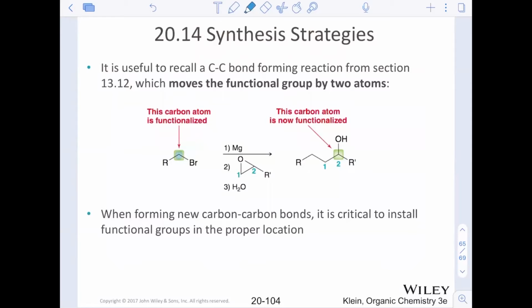Essentially, this alpha carbon right here is the carbon atom that is functionalized, the one that is created in step number 1 here with the magnesium as the Grignard reagent. It's that beautiful new carbon nucleophile that we are talking about.